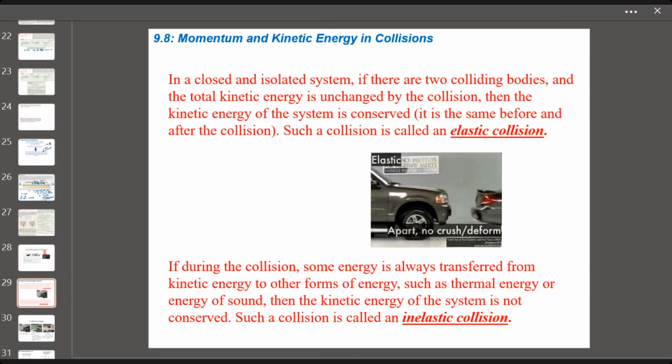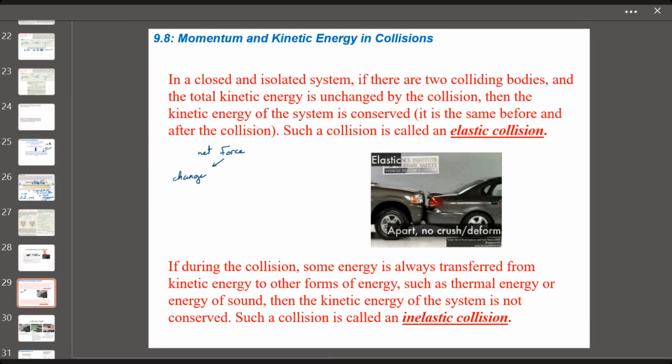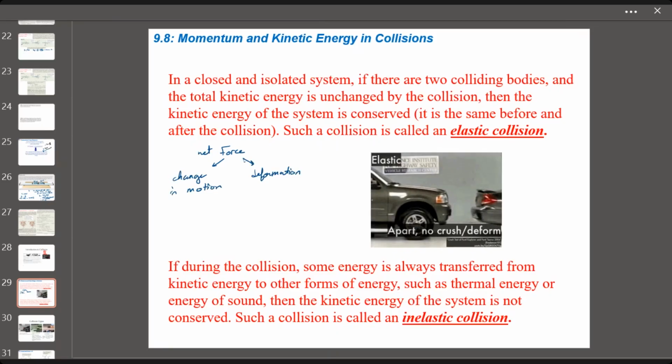If I have a net force, I would have a change in the motion. But there's something else that we never talked about in this course, which is deformation of objects. You exert a force, sometimes it doesn't just move an object, it can deform an object. And this is something that we see a lot in collisions.